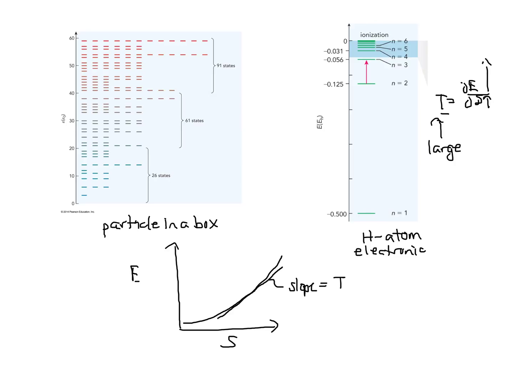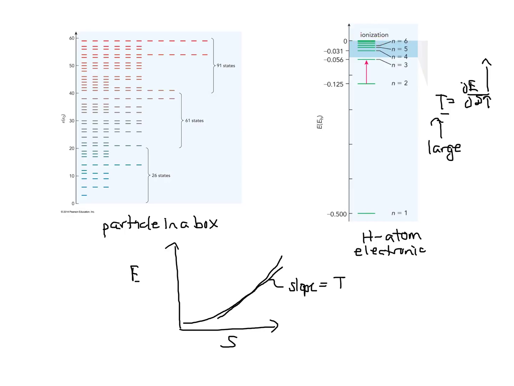However, if I'm already at a high energy, I only have to change the energy by a little bit to get a lot more microstates available, because the microstates are much more densely packed up here.